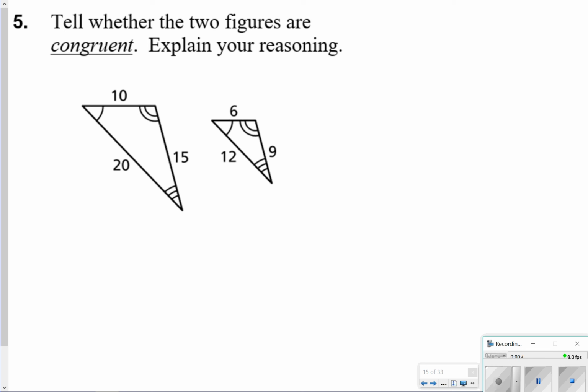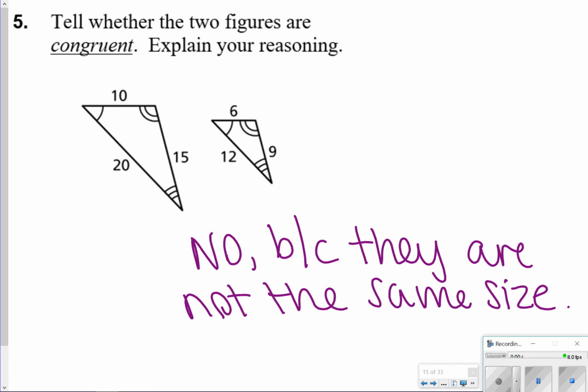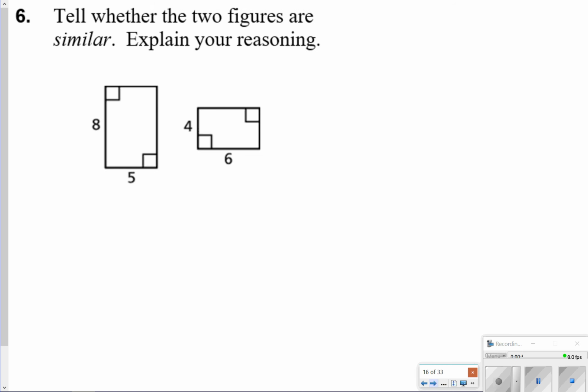For number 5, the two figures are not congruent because they are not the same size. Remember, congruent figures have to be exactly the same shape and the same size. In number 6, these shapes are not similar because the sides are not proportional.